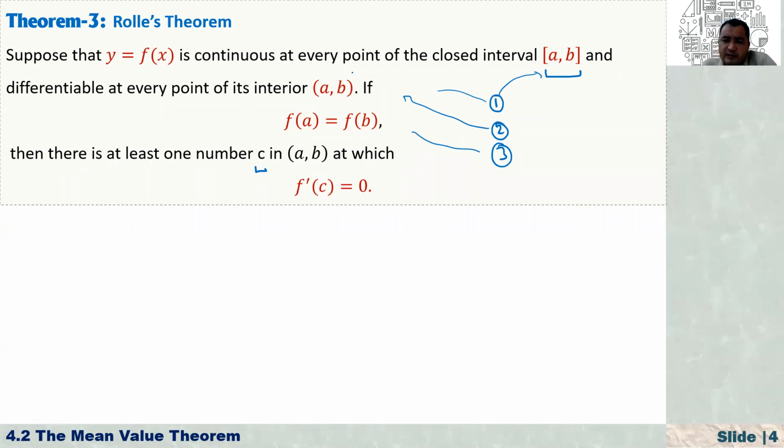Now, where does it occur? Last time we have already seen this. Either it occurs at endpoints, or at interior points. And if it is at an interior point, that means that point is a critical point.